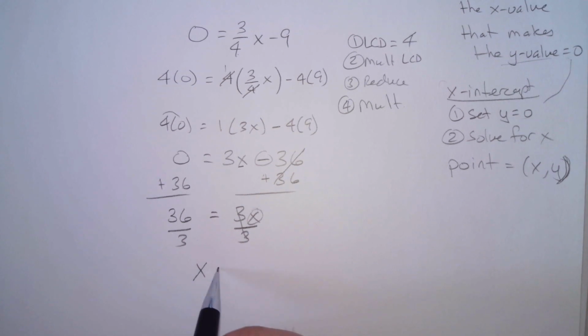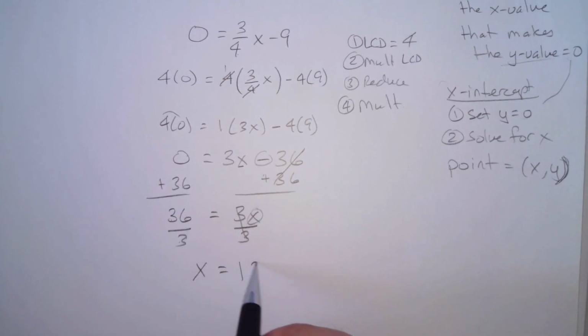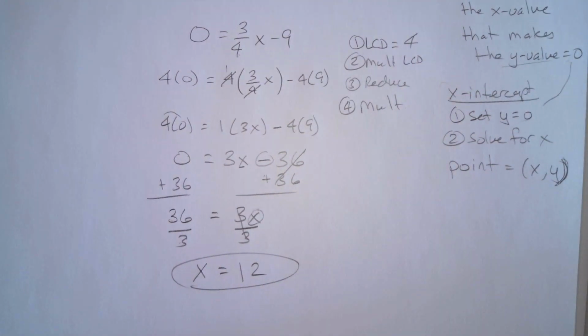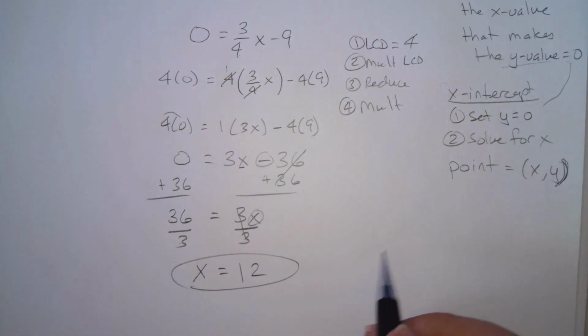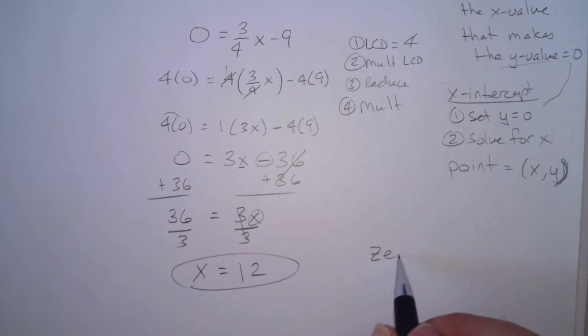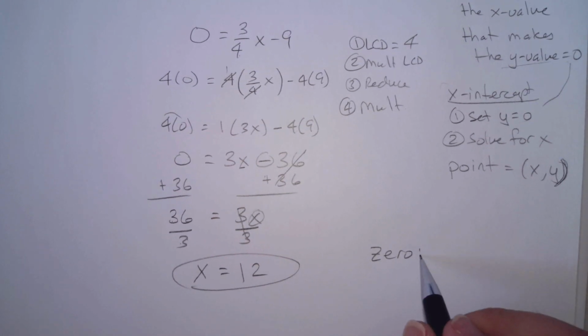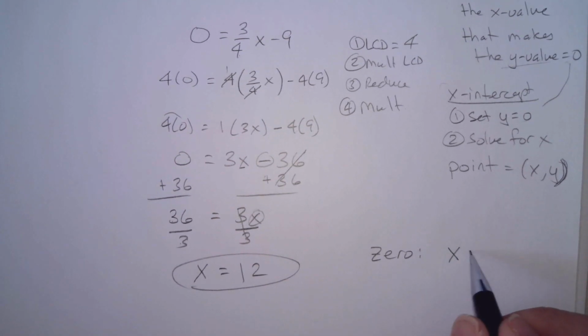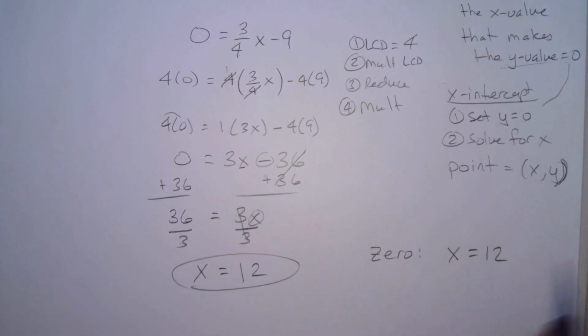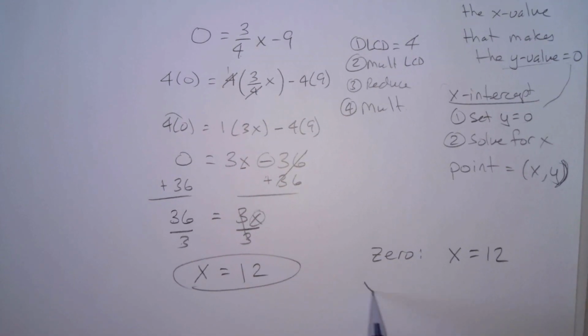So x, 3 goes into 3 once, 3 goes into 6 twice. So x equals 12. So the 0 of this function is x equals 12, or just 12. The x-intercept is the point 12, 0.